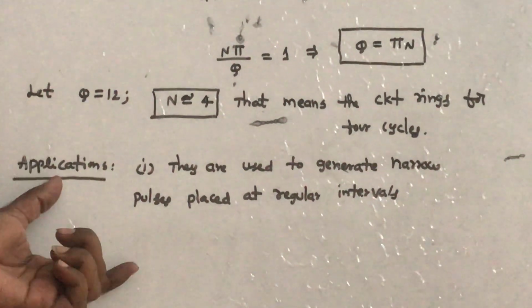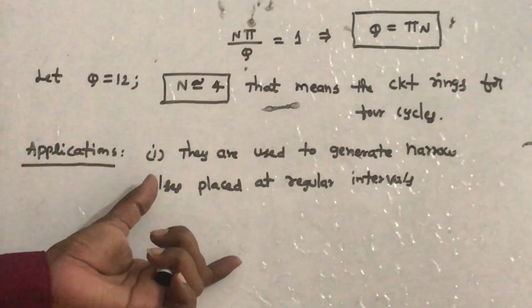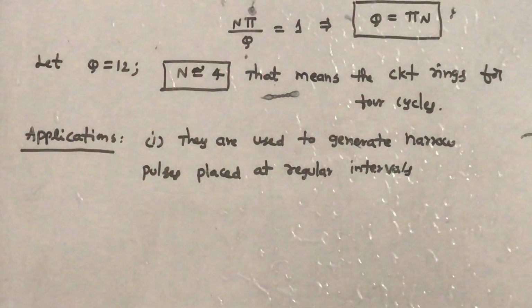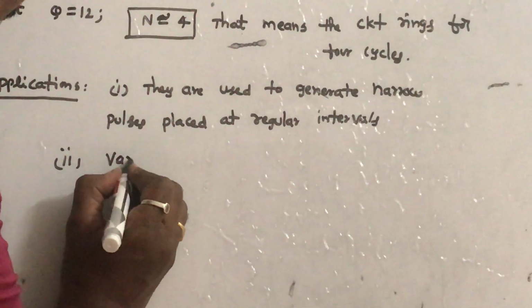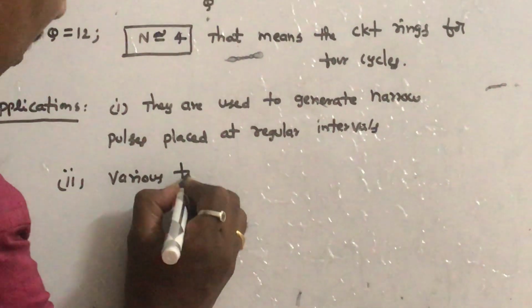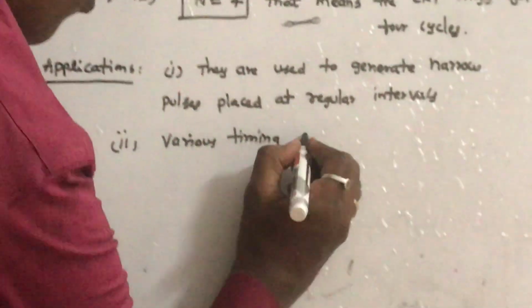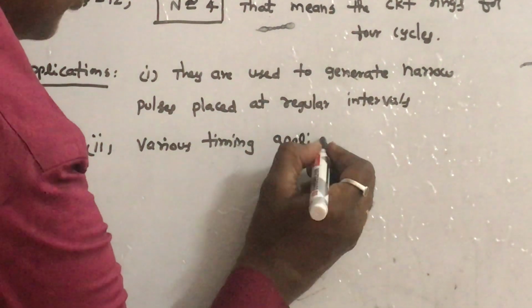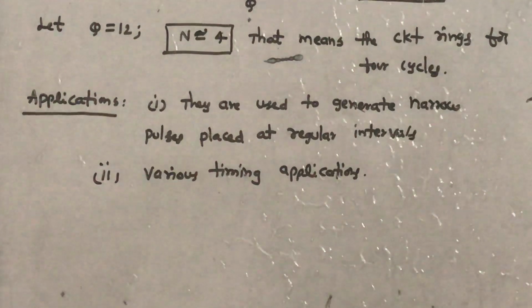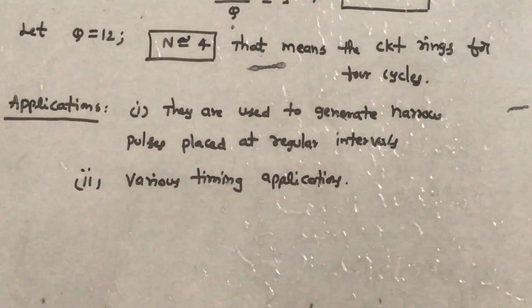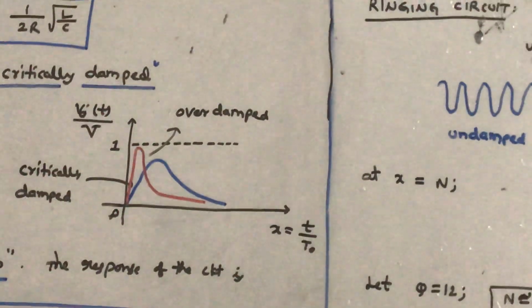With the help of an RLC circuit we can generate narrow pulses placed at regular intervals. RLC circuits are also used in various timing applications. These are the other important applications of the RLC circuit. So this is what you have to write in the examination.